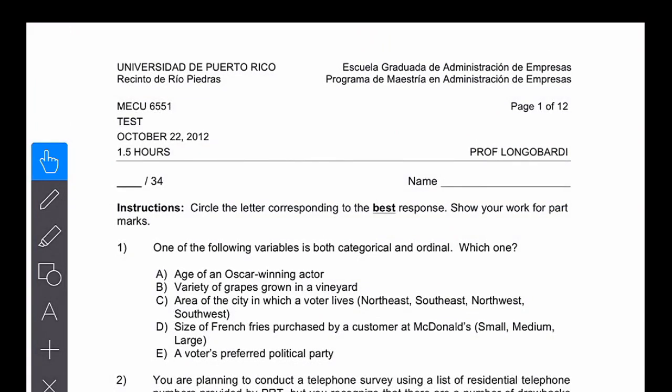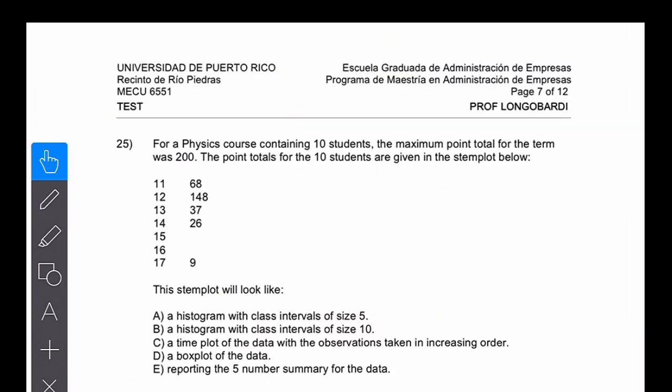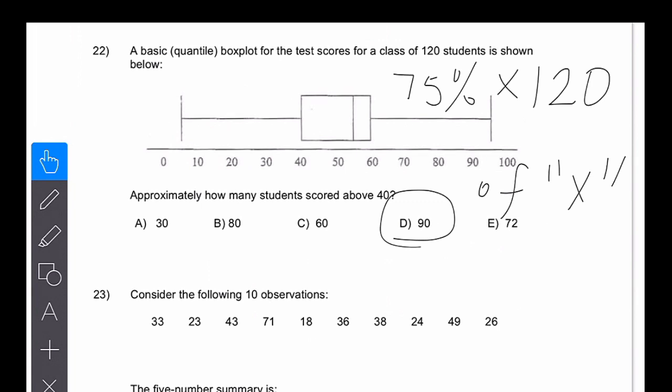So that's it there. So have a read. We'll read the problem. Approximately how many students scored above 40? 40 is here. Right here. That marks the 25th percentile.